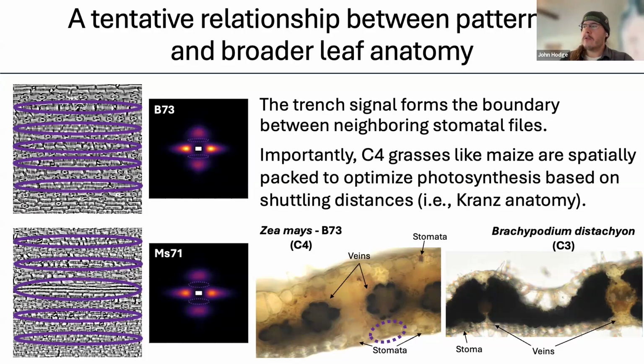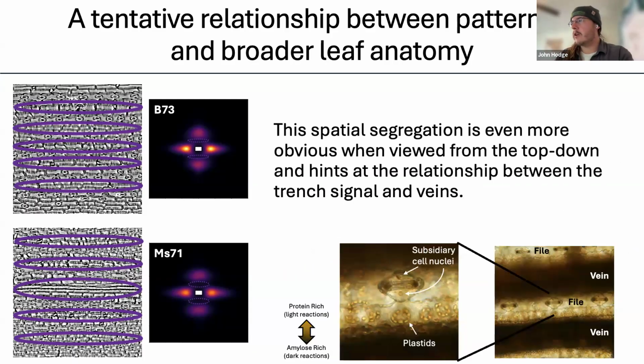But also, if we look at those two stomata on the bottom and we superimpose where that trench is, already we're seeing some bit of an internal anatomy that seems to correspond to that same region. And this becomes even more stark if we flip the leaf over 90 degrees, because we can see that we have these files running down the length of the leaf, and about where each one of those trenches would be in our SPP phenotype space is where we would expect to see a vein.